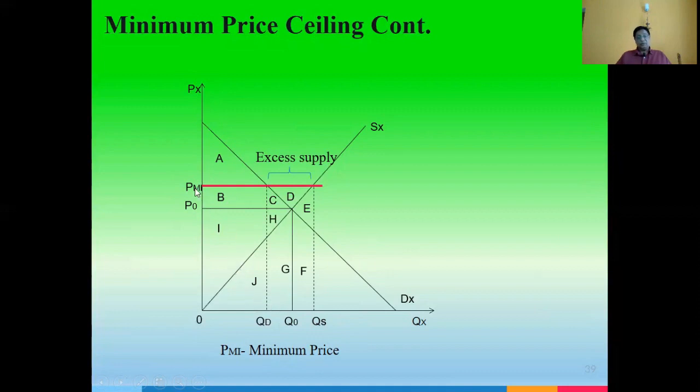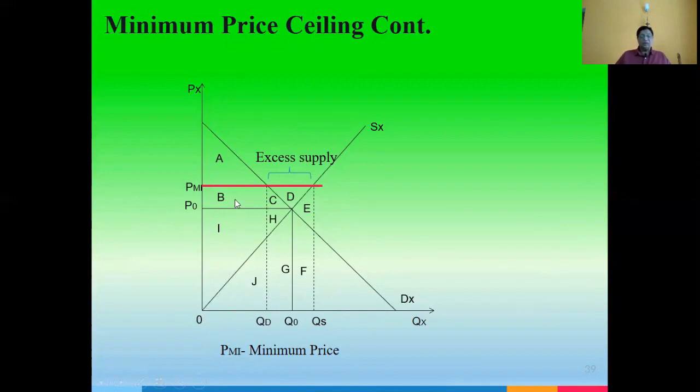When the government imposes a minimum price, producers produce up to this point. Then the cost of production is given by the area under the supply curve. Then you can see the variable cost of production of OQS units, that is GFE, the cost of production.